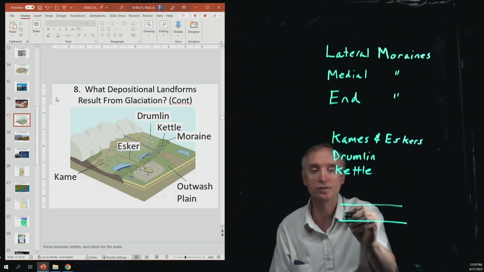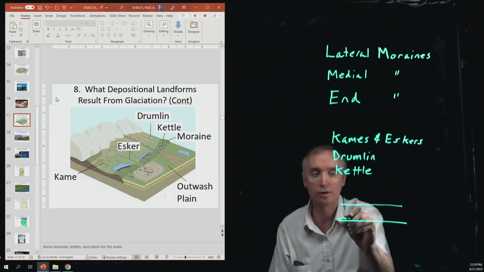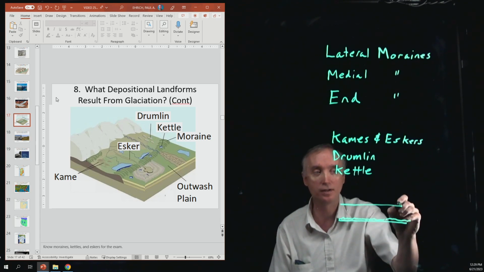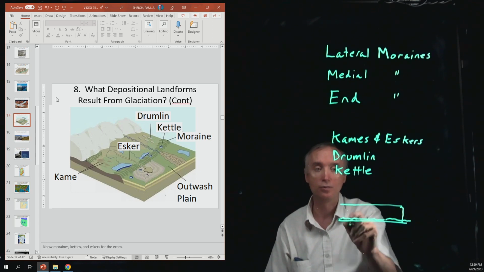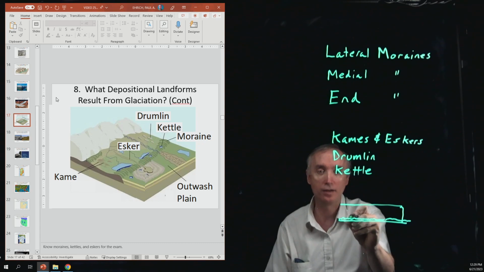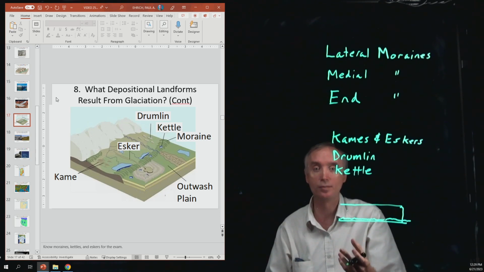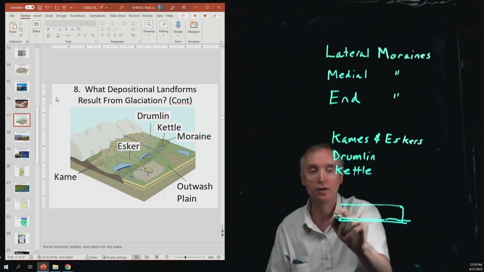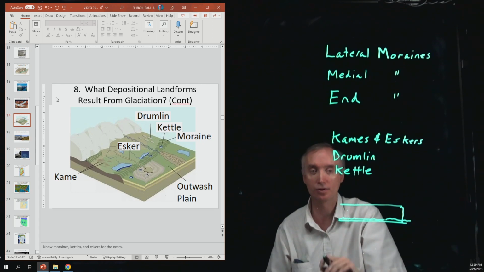Well, a lot of times down here at the bottom you have liquid water, and that liquid water is going to be making an underground river that is then going to exit somewhere at the end of the glacier. Well, this water can make a tunnel, and then that tunnel can get filled in with sediments. Then when the glacier melts back, those sediments remain, and then those sediments are going to be an esker.